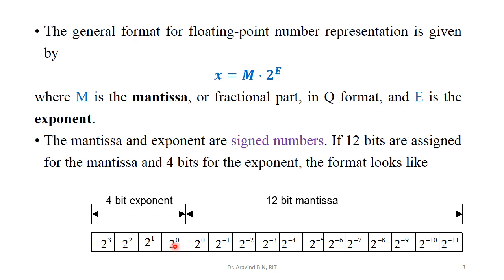In the exponent also, the last bit represents the sign bit and the remaining 3 represent the value. The mantissa and exponent are both signed numbers, so we have the sign bit in those positions.